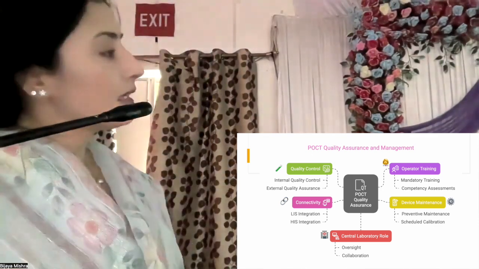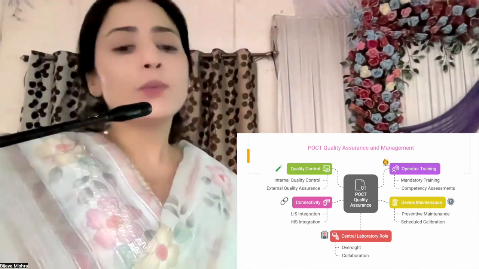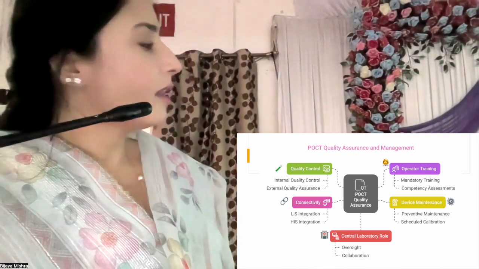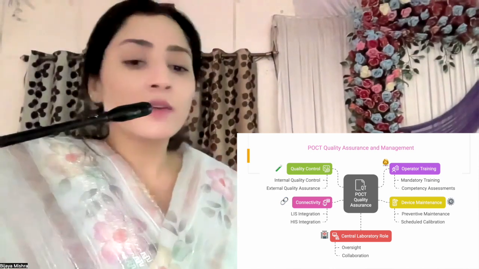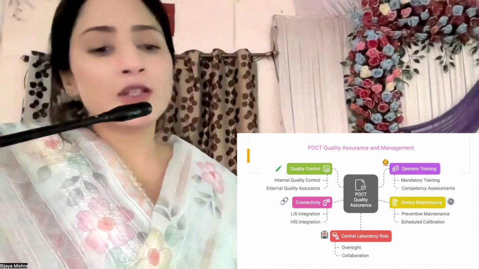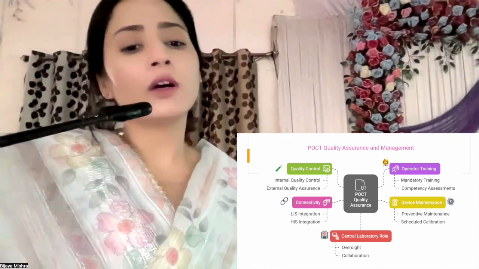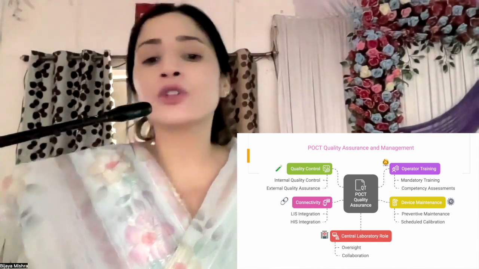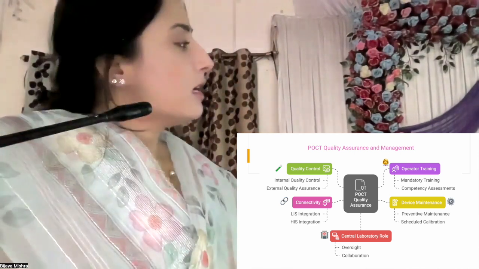Device maintenance and calibration should be done routinely, and connectivity with the laboratory information system and health information system enhances data traceability and patient safety. So the connectivity to the LIS and the HIS should be intact, and we need to be very aware of the role of the central lab, with strengthened collaboration between the central lab and the setup which is using the POCT devices.